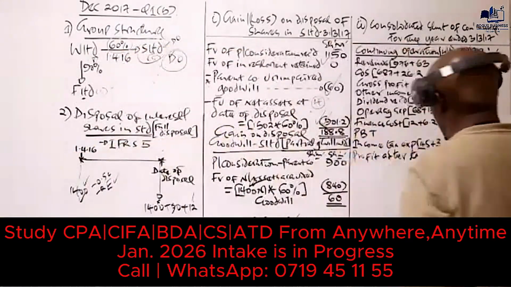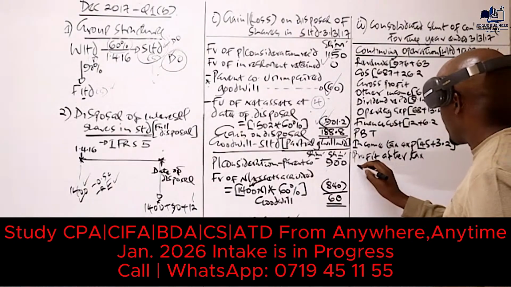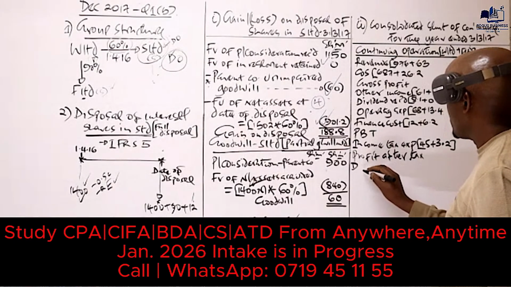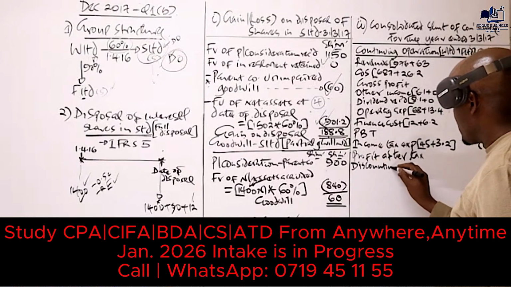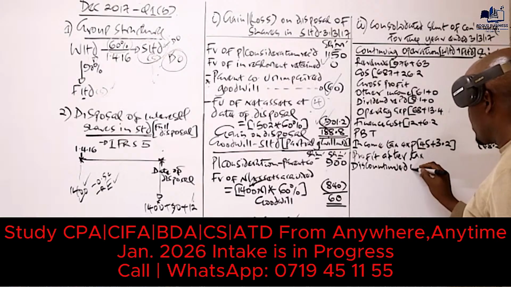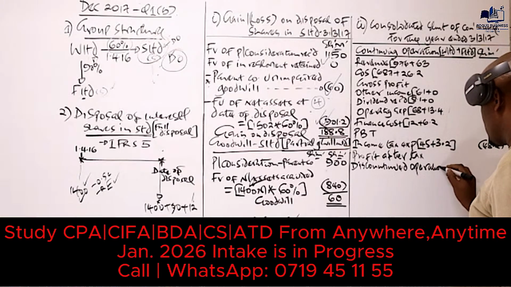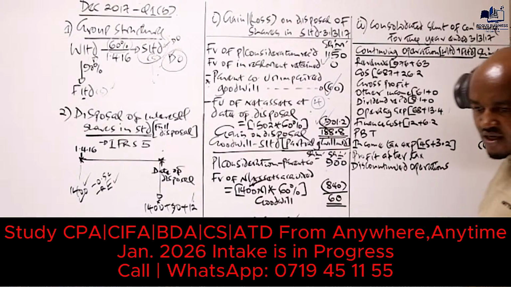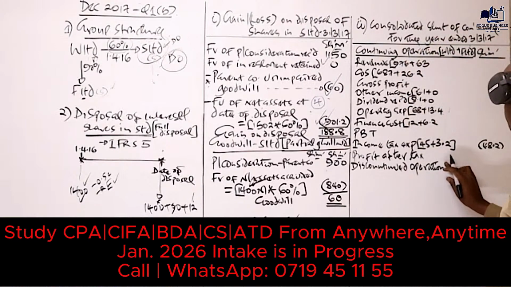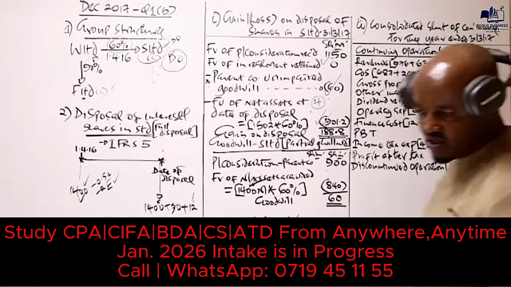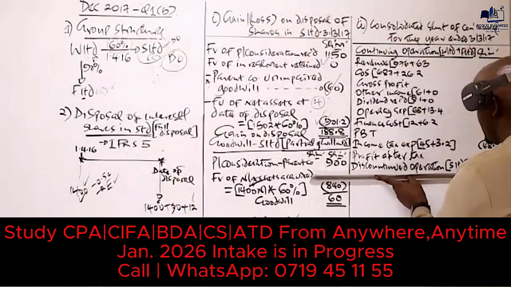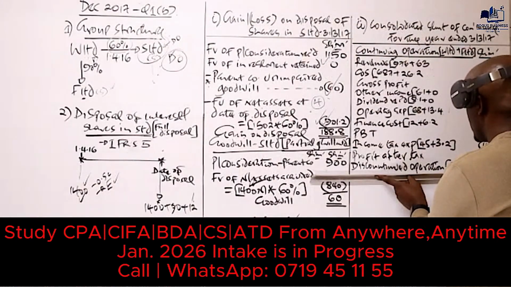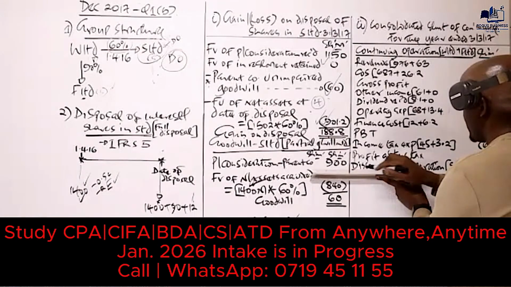remember, we should come here and show the profit or loss from the discontinued operations. Remember in this case, we have said that this is S Limited. S Limited is regarded to be a discontinued operation. A discontinued operation is a component of an entity which has been disposed of.